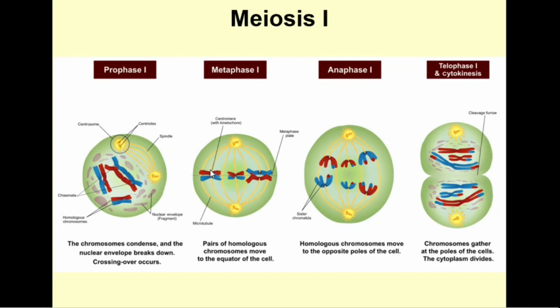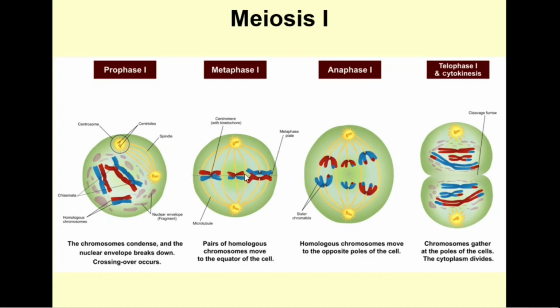If you look at this diagram, you can see that the way that these are lined up now, 2 of the red ones from dad are going to go up into this daughter cell. So these are going to divide in a minute, and they're going to go up here. And then we've got this blue one from mum that is going to go up here. And that means that the daughter cell that comes from this one will have these 2 blue ones from mum and this 1 red one from dad. So they're going to move down here.